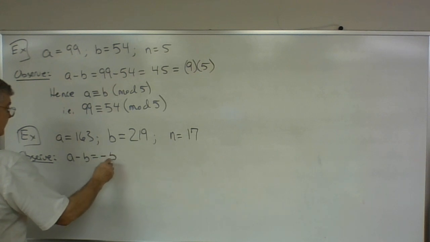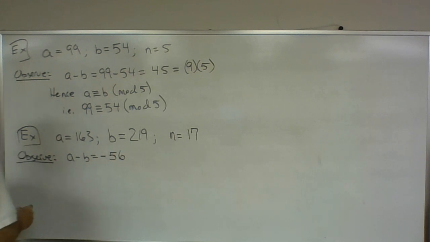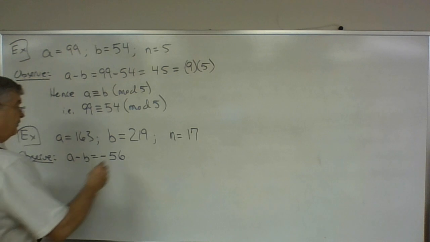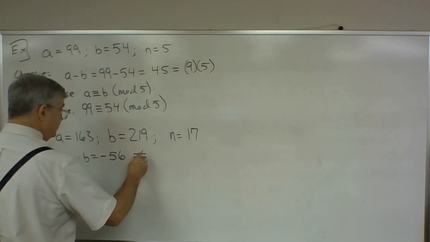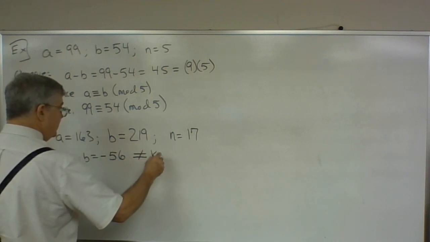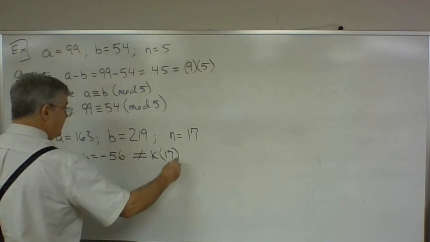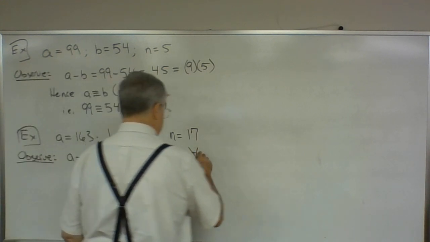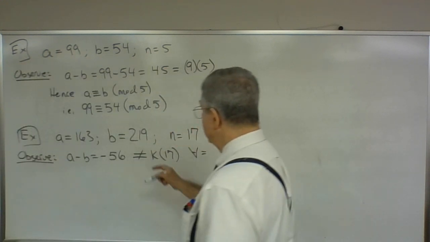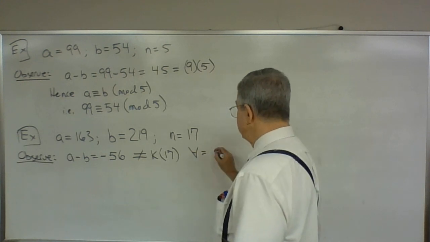So negative 56. And let's see, 17 times 2 is 34. 17 times 3 is 51. Okay. So it is definitely not equal to any integer multiple of 17. This is not a whole number multiple of 17.